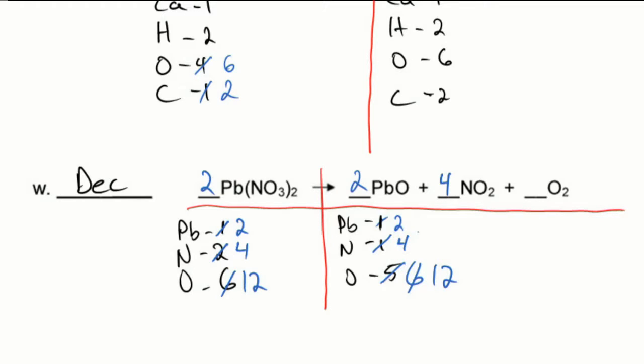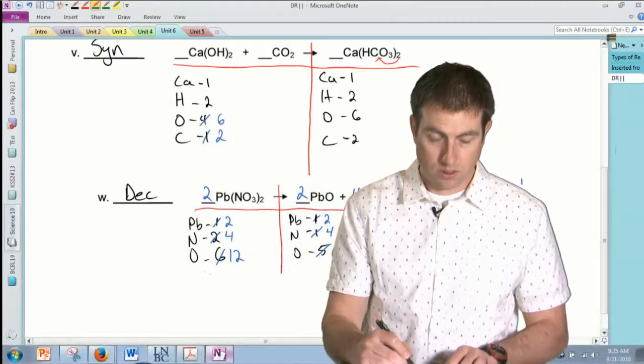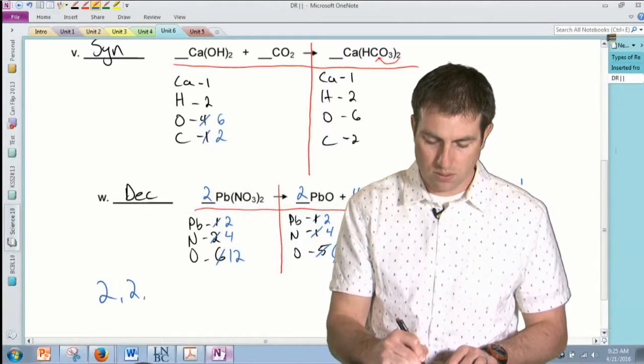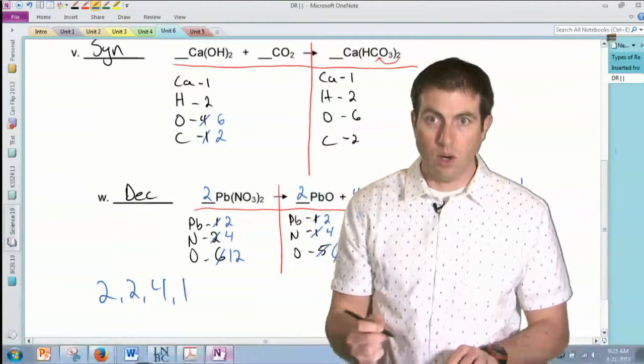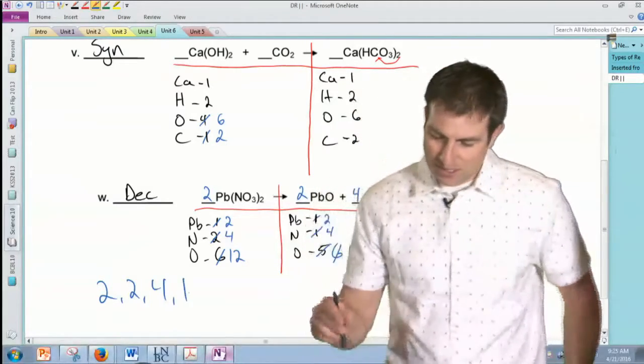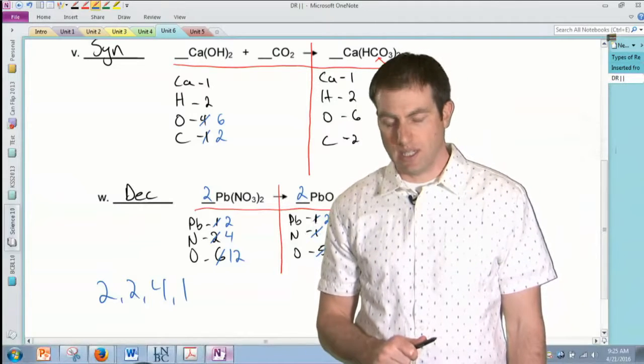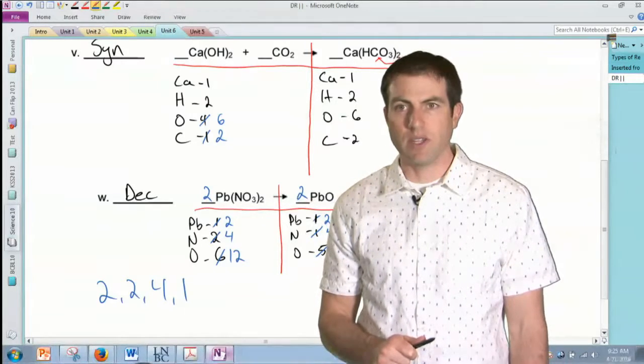Somebody want to tell me if that's the same answer that's in the back? The back's going to say 2, 2, 4, 1. Hopefully. The answer said something else. Whoever made the answer key to this learning guide was not having their best day, apparently.